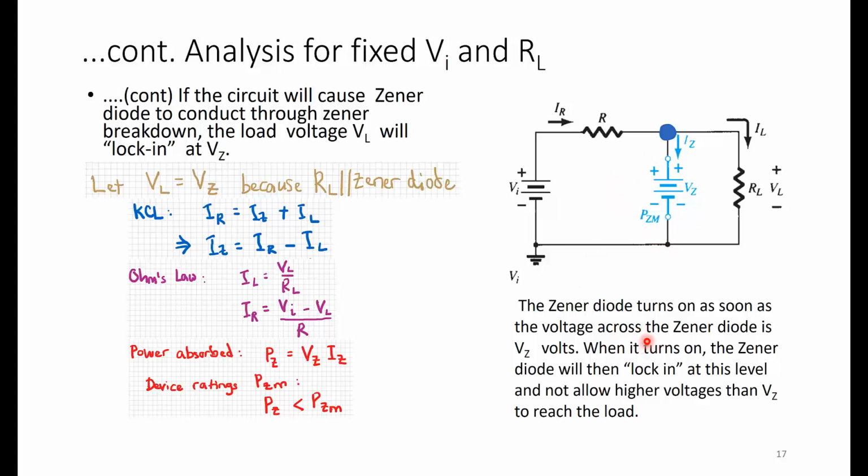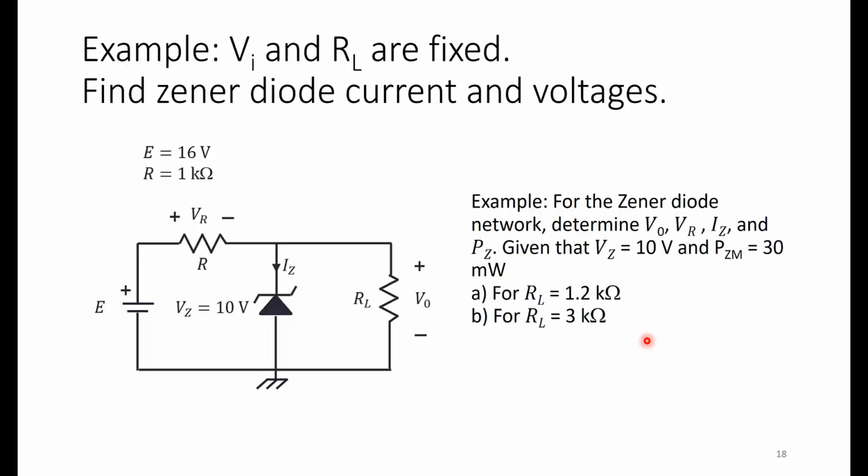power dissipation allowed. Okay, a proper example here with values. So we have a voltage here at 16 volts. The input resistance R is 1 kilo ohm. The Zener diode has a breakdown voltage of 10 volts.